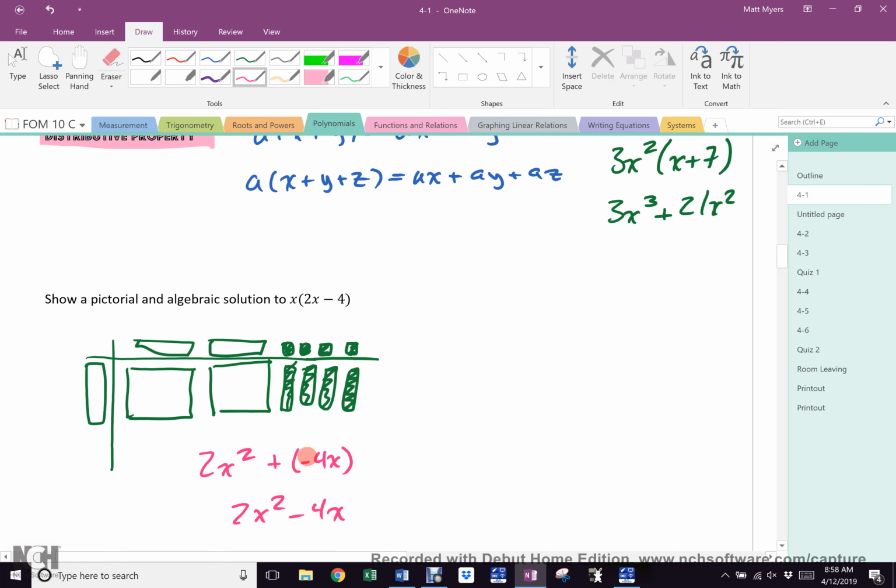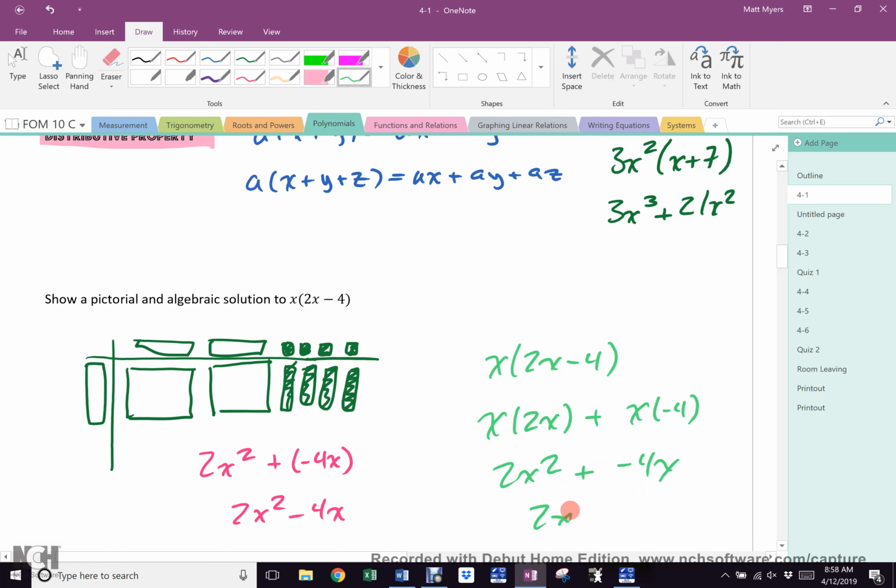It's technically 2x squared plus negative 4x. So Sage got the technically in on me first. Sneaky. And of course, with algebra, x times (2x minus 4) is x times 2x minus, or plus, x times negative 4, which is 2x squared plus negative 4x, which is 2x squared minus 4x.